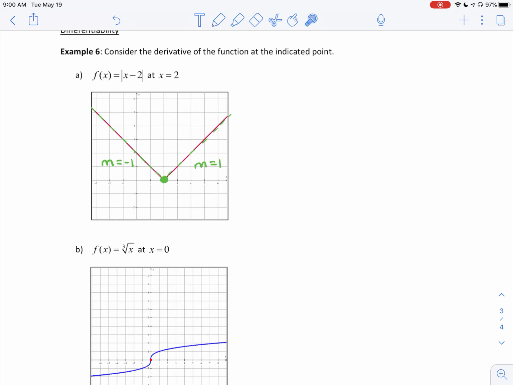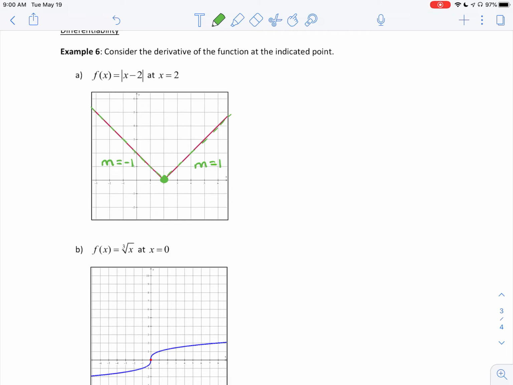So then that asks the question of, well, what would the slope be at that vertex point? So it's just changing abruptly from -1 to +1. So because we have such a sharp corner right here and this abrupt change from one slope to another, our derivative does not exist at that vertex point.